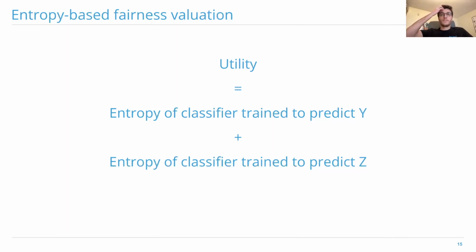That would mean essentially that the classifier has no way of establishing a relationship between z, x, and y, which also implies that when that classifier is used to predict y, which is our final downstream task, it won't be able to leverage z to obtain better performance.